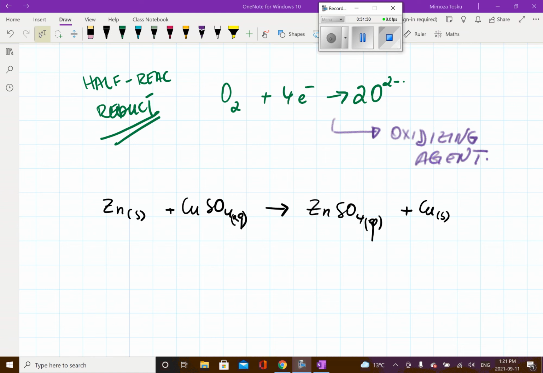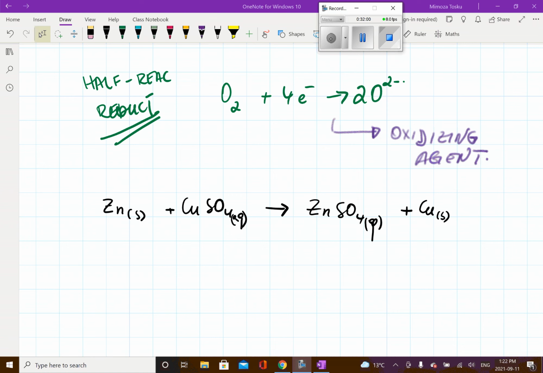So when metallic zinc is added to a solution that contains copper 2 sulfate, zinc reduces copper 2+ by donating 2 electrons to it, and in this process the solution of copper 2 sulfate loses the blue color that is characteristic of the presence of copper 2+ ion.